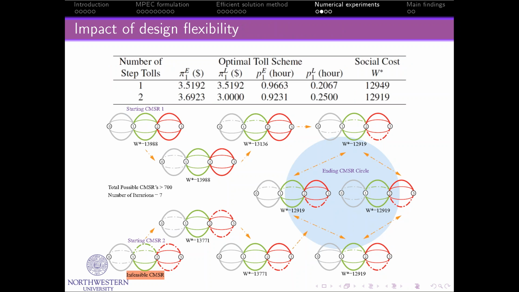And then we try to find out the impact of the design flexibility. For the first example, we don't allow the toll rate to change among the early arrival windows.